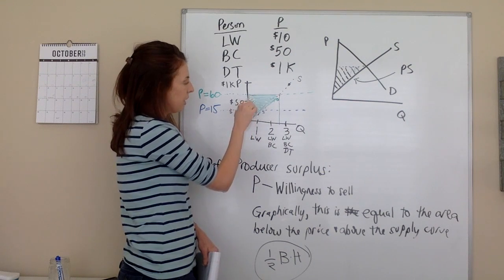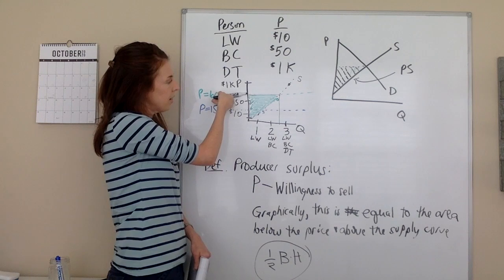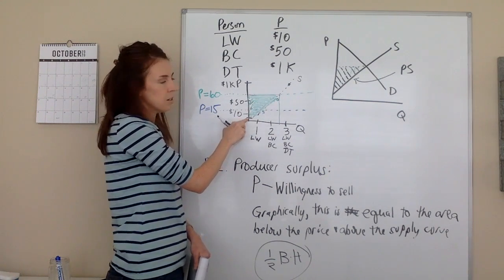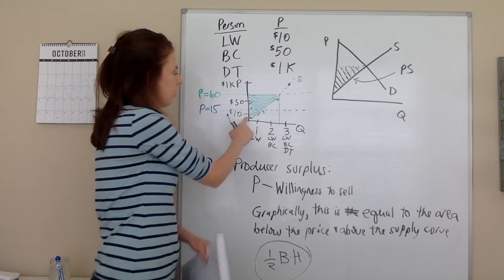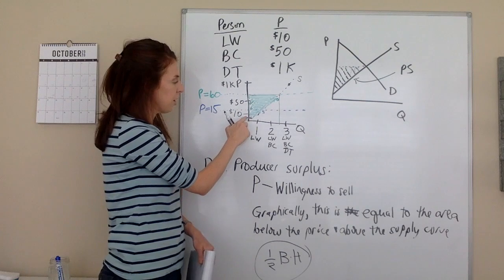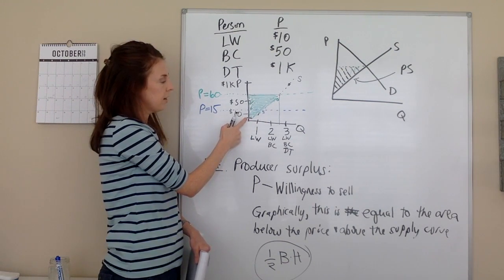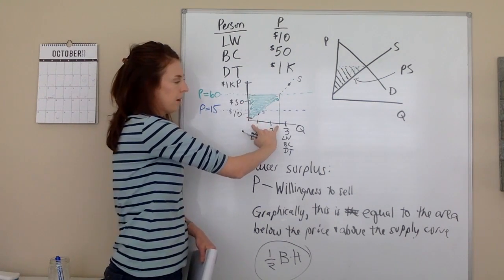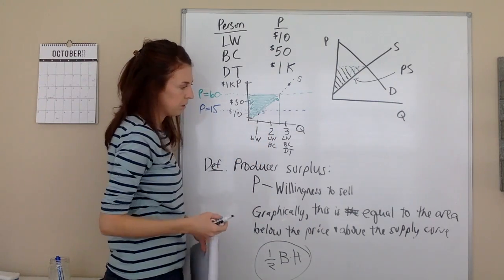The height of the triangle is going to be equal to the price minus the supply curve's intercept along the vertical axis. When you're actually calculating this, you'll have a number for this intercept. But basically, you would take the difference between the price and the intercept. That would be the height of the triangle. You multiply that by the quantity, which is the base, multiplied by 1/2, and that will give you the area of the triangle.